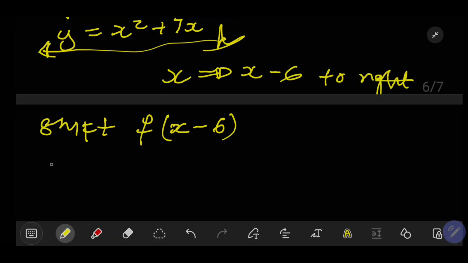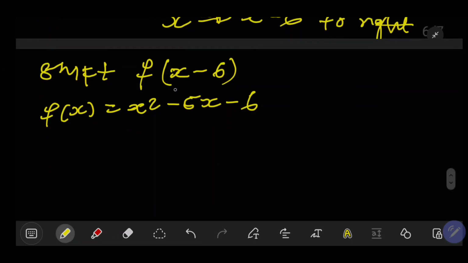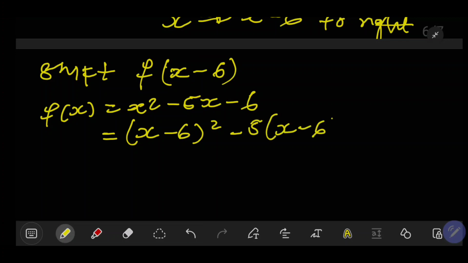Our original formula was f of x is equal to x squared minus 5x minus 6. So when we shift this to the right, we're going to subtract 6 from x. Where we see x, we put this, then this is 5 into x minus 6, minus 6.